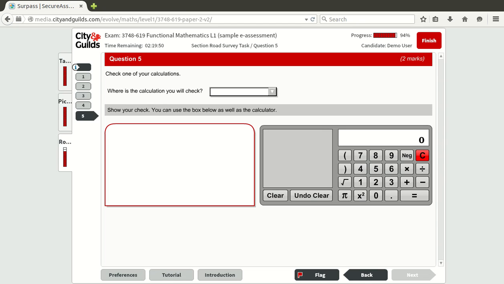Right, so now we'll do the same thing we did in section A and B. We must check our answer, or check any one of our answers. In this case, I'm going to check question 4.